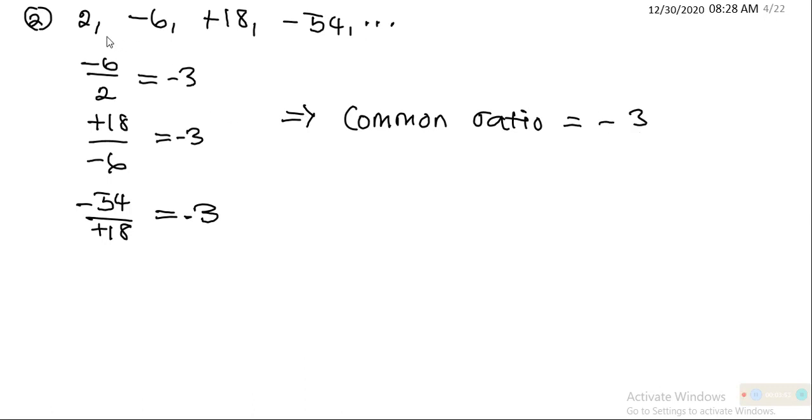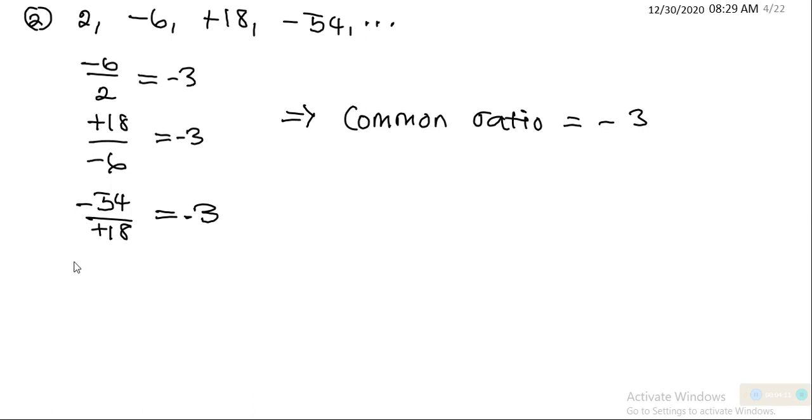In other words, if you multiply 2 by minus 3, you have minus 6. Minus 6 times minus 3, you have plus 18. Plus 18 times minus 3, you have minus 54. So it is obtained by multiplying the previous term by minus 3. So the common ratio is minus 3.